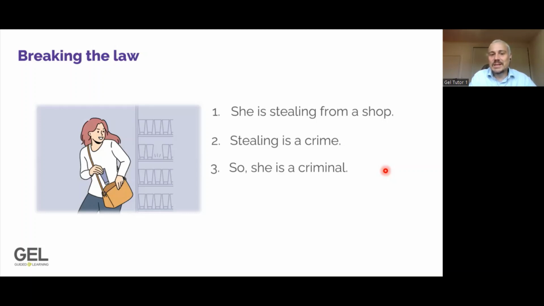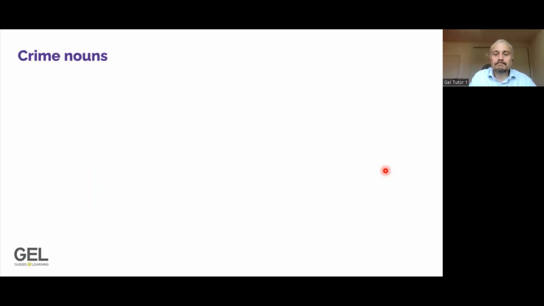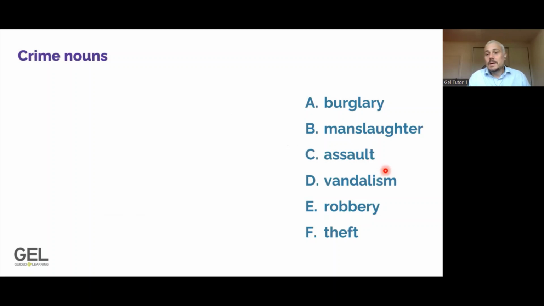Let's look more closely now at some different types of crimes. Here we have some different types of crime. Burglary, manslaughter, assault, vandalism, robbery, theft.